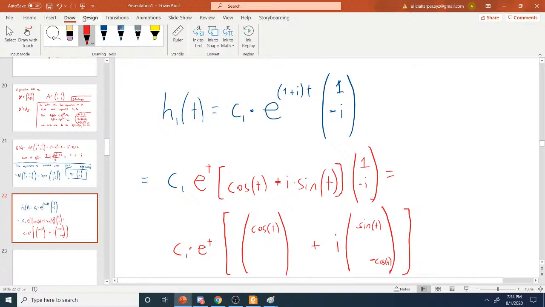And if I multiply i sine of t by negative i sine of t, then I'm actually going to get something real, because an imaginary number times an imaginary number, or i times i, is actually just equal to negative 1. So I get positive sine of t here.